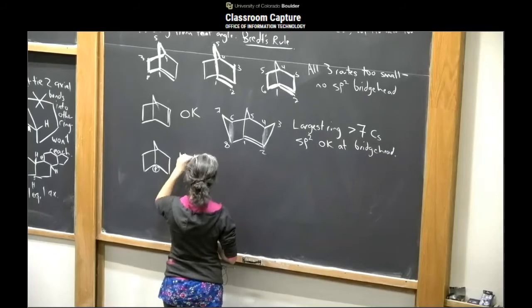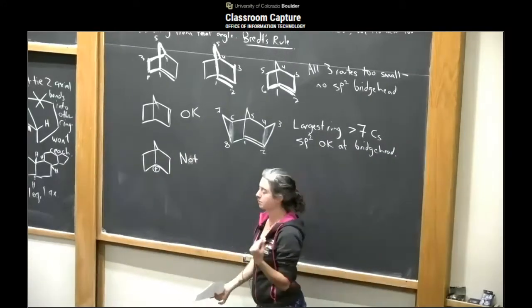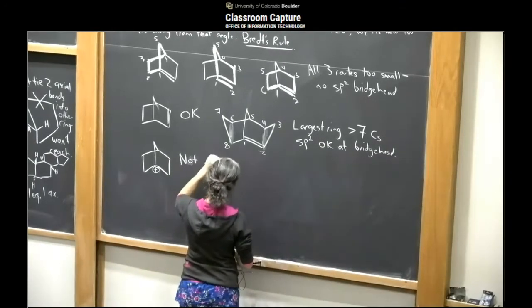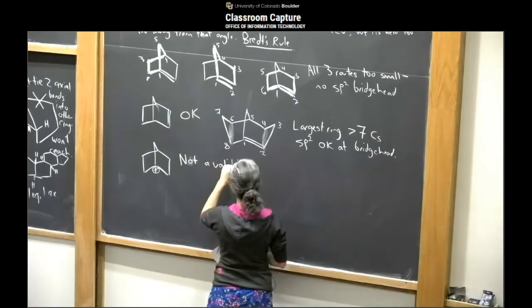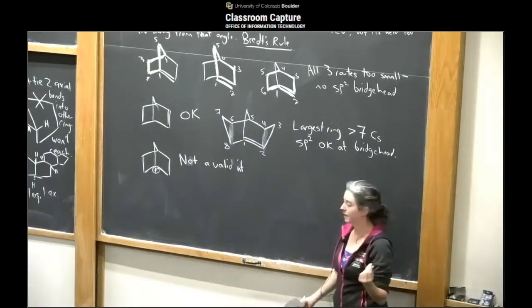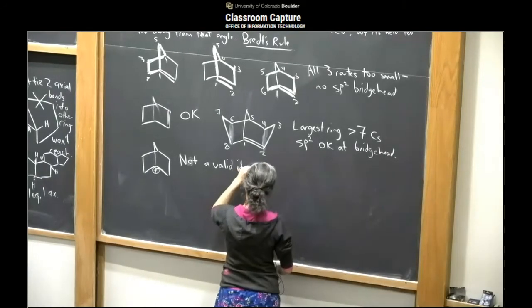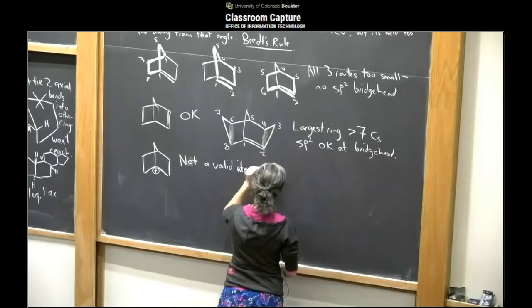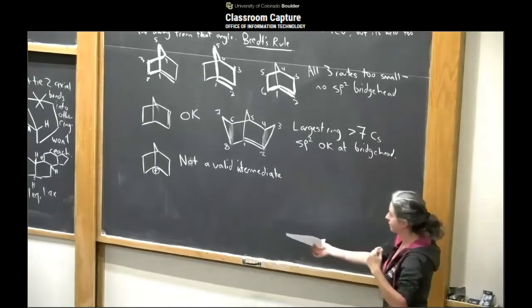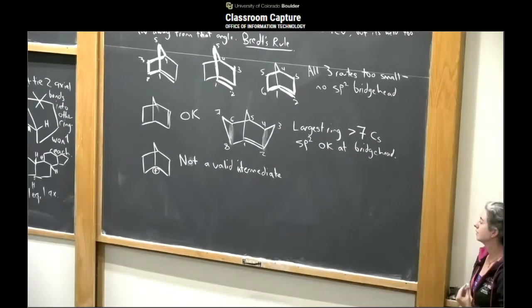So this would stop this reaction from ever being permissible, even though it looks like it would be great, like it's a tertiary carbocation, right? But Bredt's rule says no. So if your reaction ever tries to go through that, it's just not going to work at all.